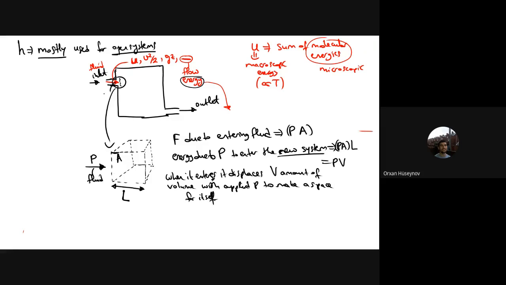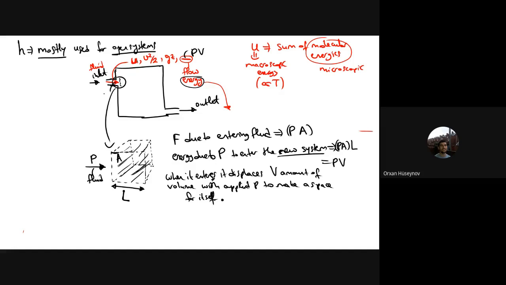So when the fluid enters, it applies some pressure P over an area A, and it displaces a distance of L. Therefore, it displaces this amount of volume here, with applied pressure P, to make a space for itself. So this general energy will be PV.